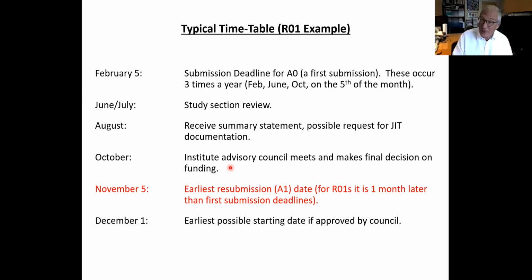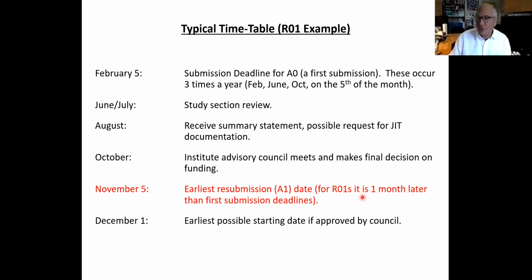So if you have to resubmit, the earliest resubmission for what would be called an A1 would be on November 5th. For R01s, the resubmission deadlines are a month later than the first submission deadlines. So instead of February, June, October 5th, it's March, July, and November 5th for resubmission.